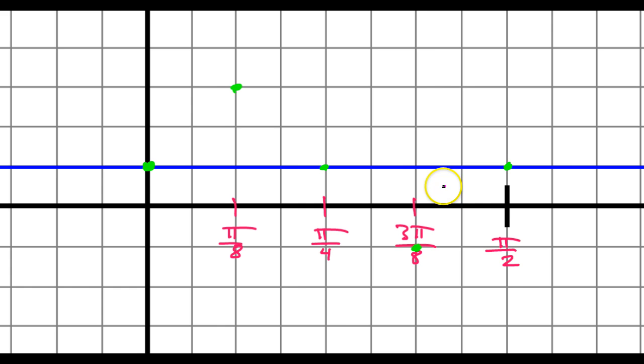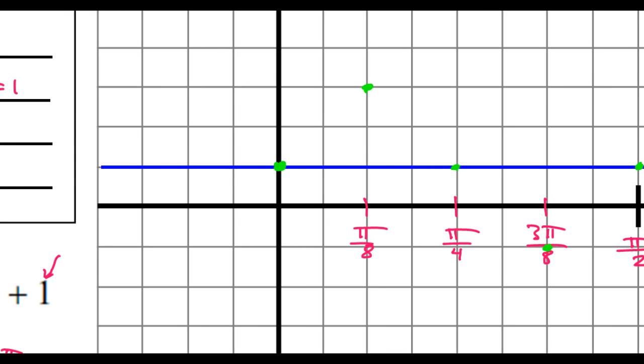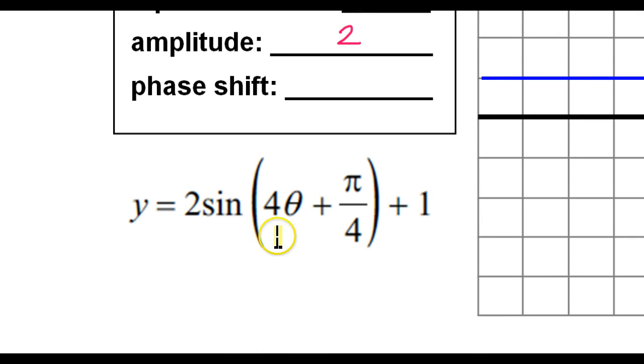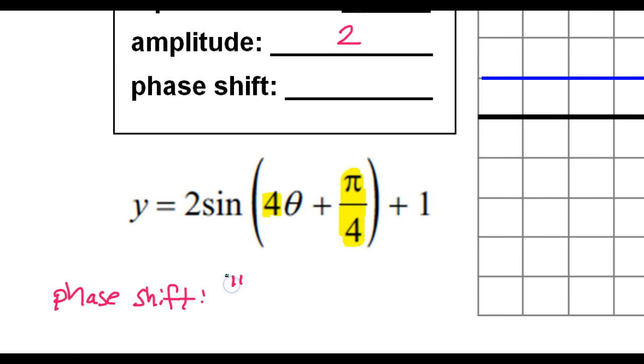Now it's time to figure out what the phase shift is. Do not connect these points, please. Now the phase shift. If there was no b value, this would be the phase shift right here. But because there is a b value, I need to divide. So the phase shift is going to be pi over 4 divided by 4.